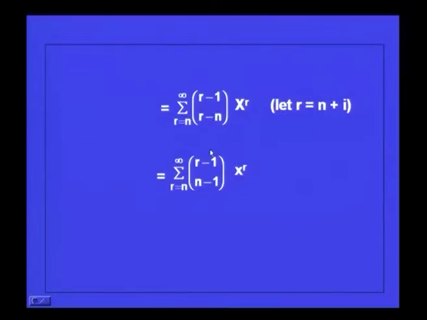So, this is rewriting that previous expression. It will be equal to the sum of C(r-1, r-n) x power r, where the summation ranges from r equal to n to infinity.